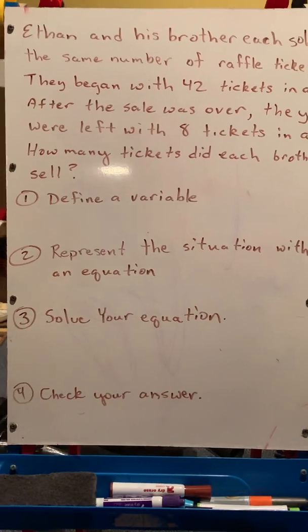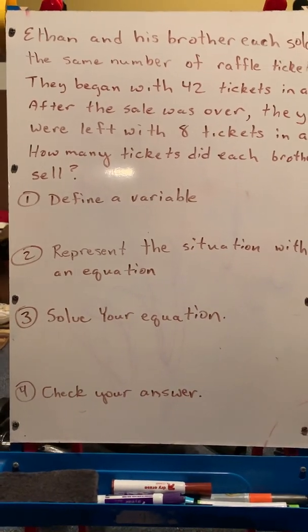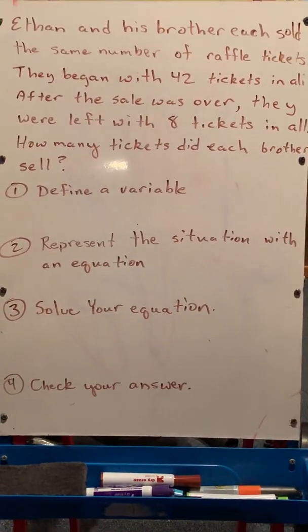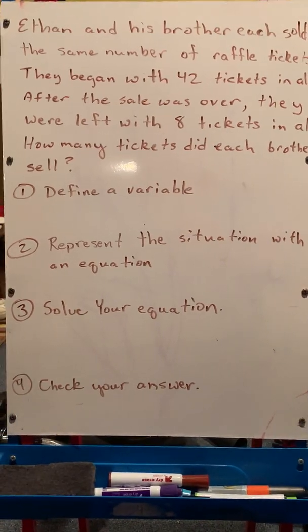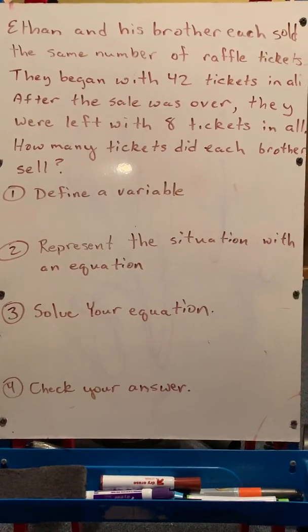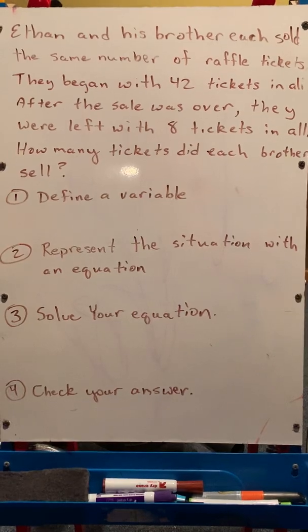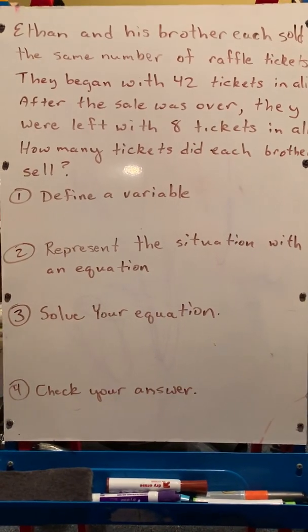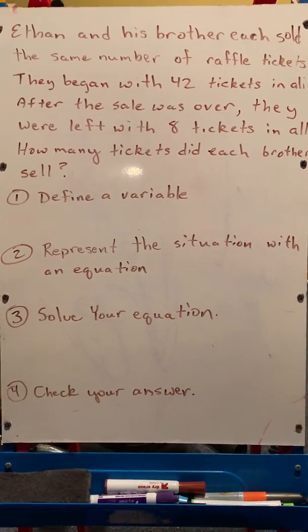Okay? So for the variable here, we're trying to figure out what we don't know and what we need to find. So we need to look at the question here, and it said, how many tickets did each brother sell? So the tickets are what we're trying to find. So I'm going to call T for tickets.